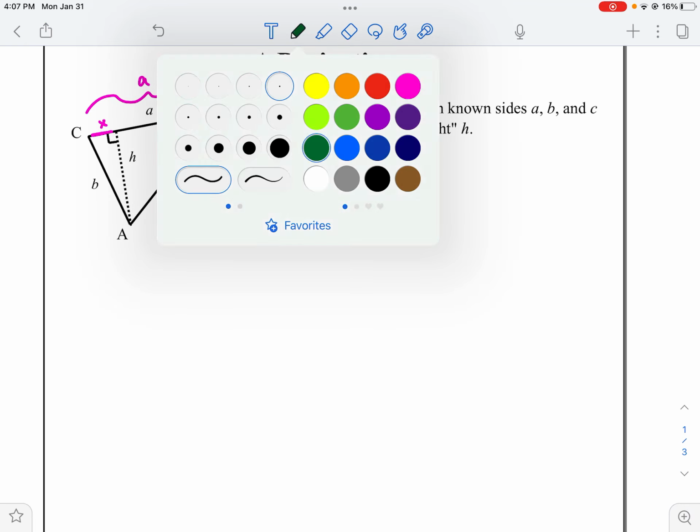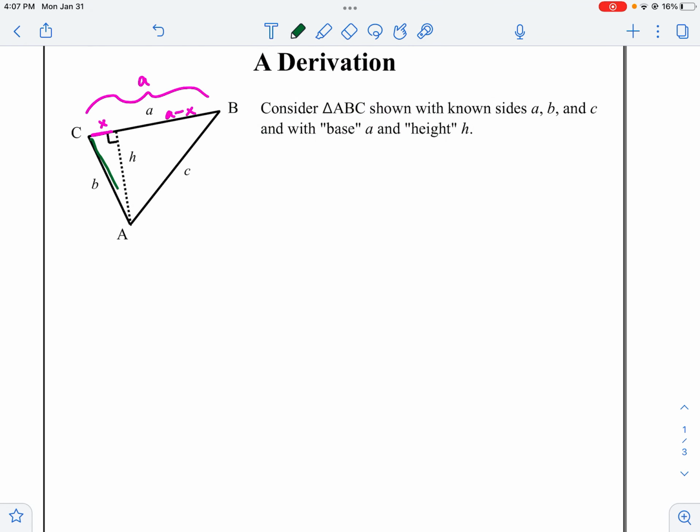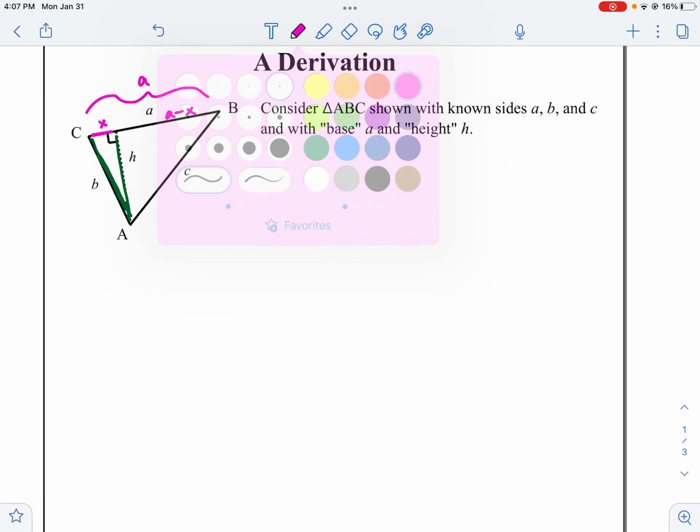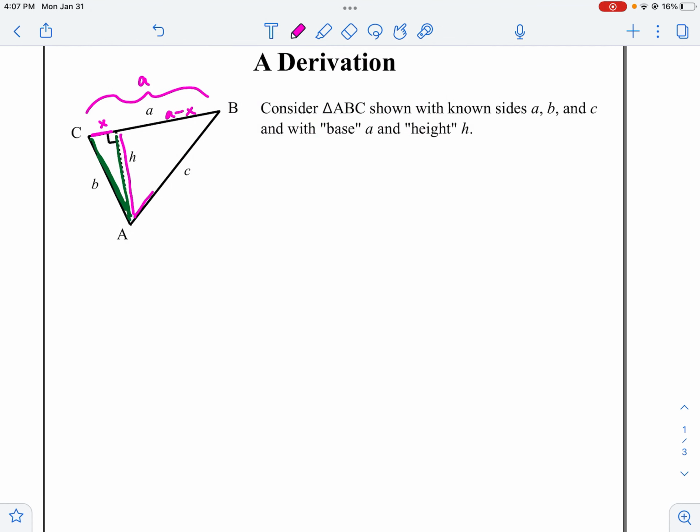So we basically got two lovely little right triangles. We've got this right triangle here, and then we've got another right triangle over here. So we've got two right triangles, and we're going to use the Pythagorean theorem.